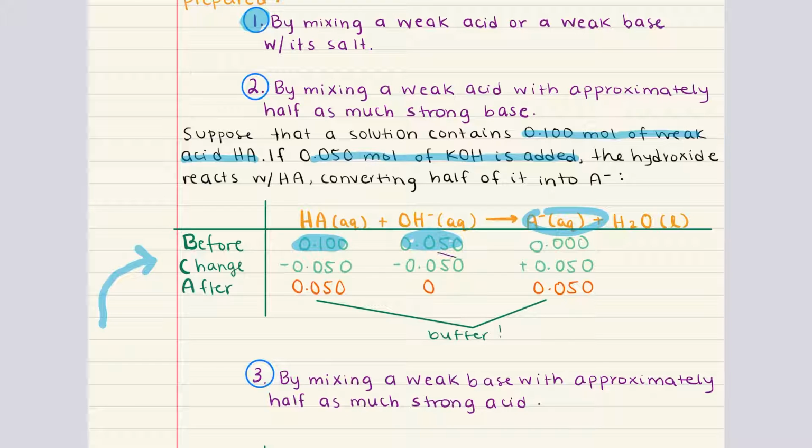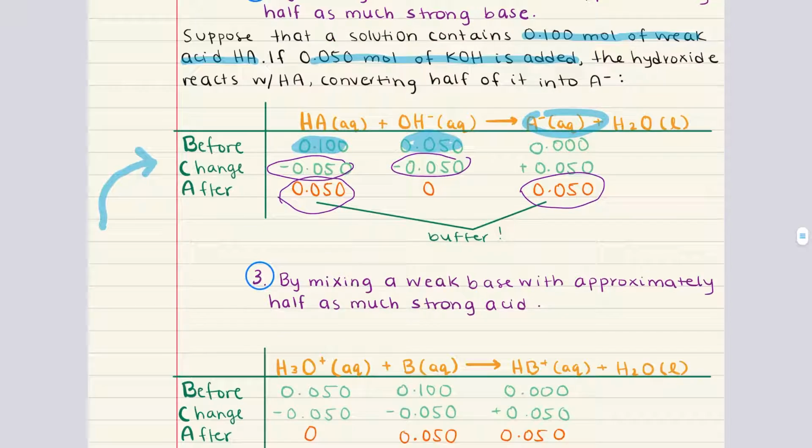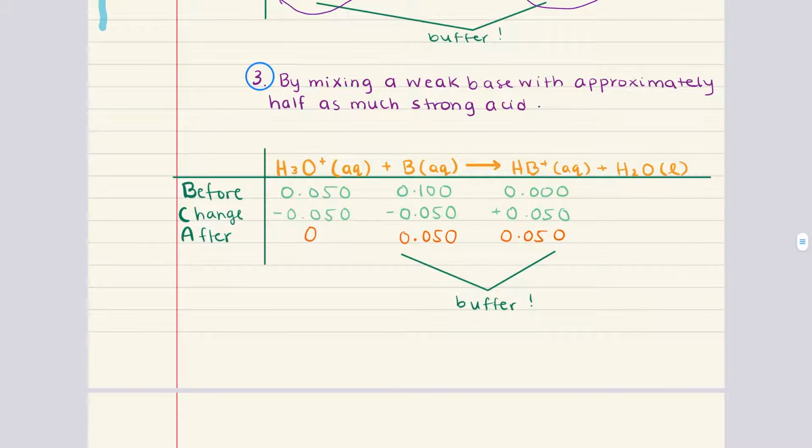All of the potassium hydroxide is going to react with our weak acid, and what we're left with is 0.05 moles of our weak acid, and we have formed 0.05 moles of our conjugate base. So again, this is another way to create a buffer, and it's by mixing a weak acid with a strong base.